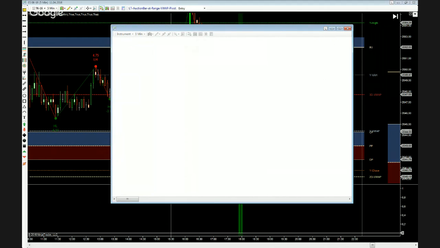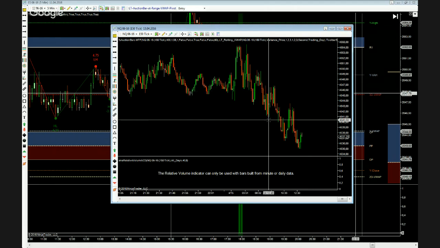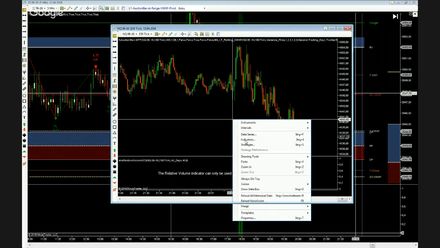And basically, like I said, this is a moving window of the VWAP, and we do not use an anchor point.